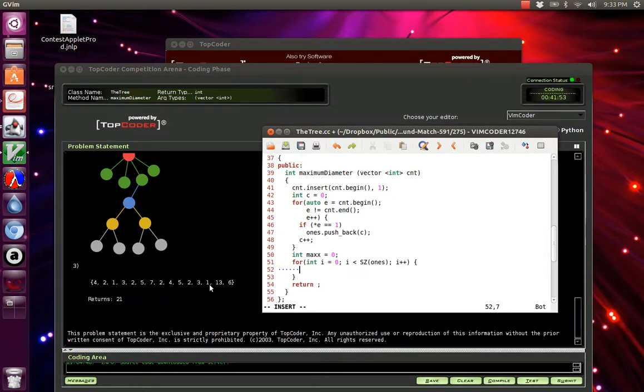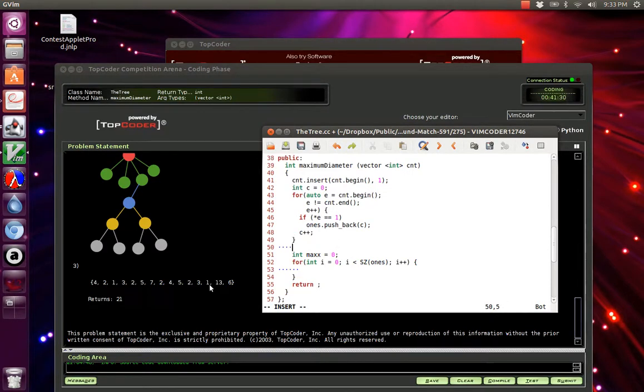You have to go through those, so the maximum diameter, I believe, has to go through those, and then you count, because if you see the picture there, you have to count from those one edges. You go either down or you go up, and then you take the maximum, or something.